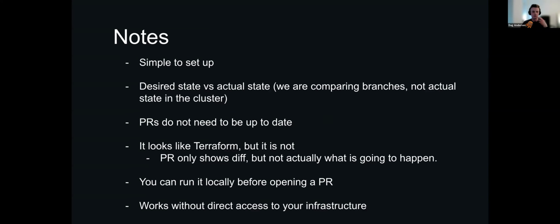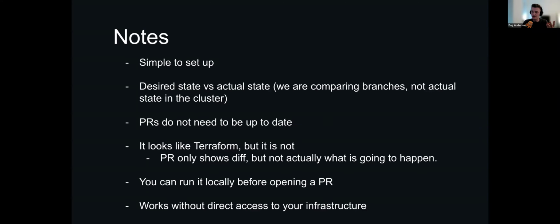Another thing I wanted to highlight is that even though I make a lot of comparisons to Terraform, it's also a bit different. This tool only shows the diff between two branches. That means that if your branch is heavily outdated, let's say it's 200 commits behind, then the diff will be very big.